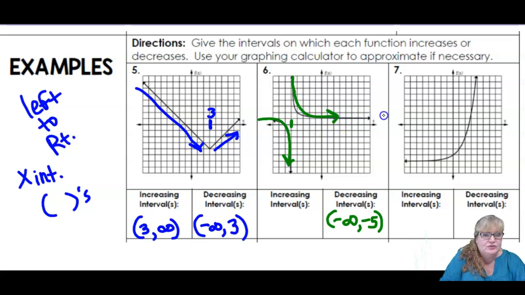Now it's getting closer and closer to some set value, but it is still said to be decreasing. It would be getting closer and closer to 1, but it might be 1.1, 1.01, 1.001. It's still getting smaller and smaller, closer to 1. So from an X value of -5 off to the right, it is still decreasing or going down. Again, the X value was the -5.